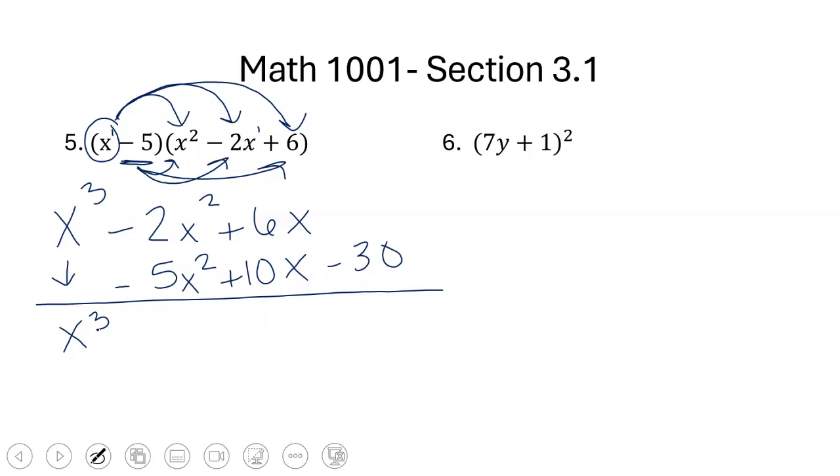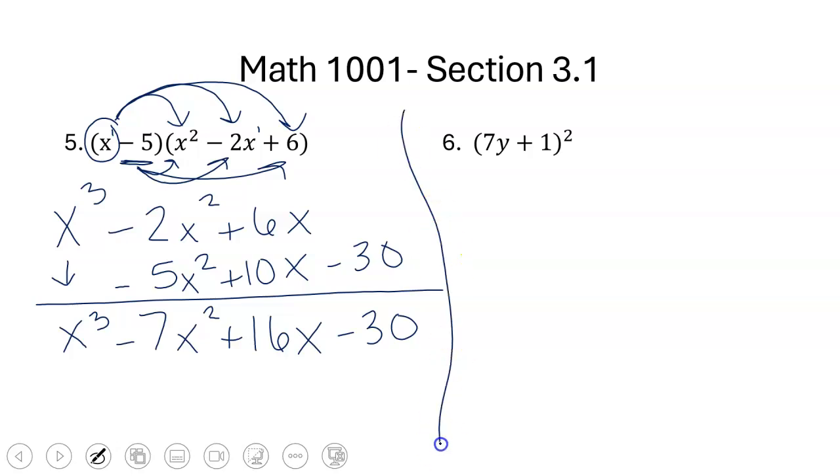So I have negative 2 minus 5 is negative 7. Bring down your x squared. 6 plus 10 is 16. Bring down your x and then bring down your negative 30. And you could have got the same number by listing it all the way across and then combining like terms.